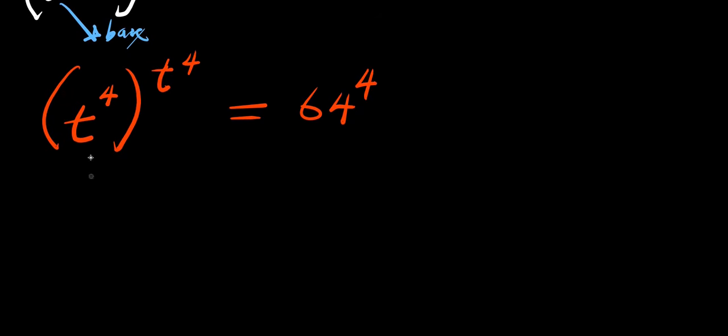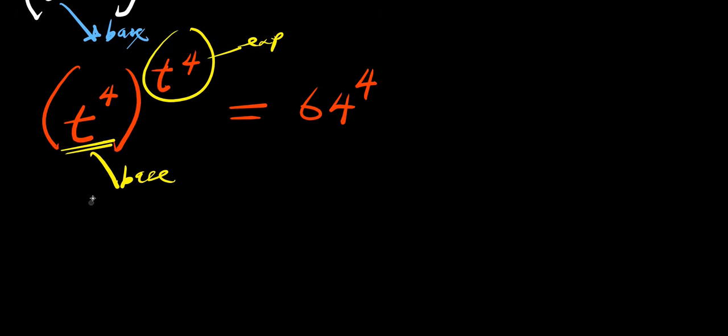So right now, the base and the exponent are the same. T power 4, we have t power 4 here. So what next we can do is to also ensure that the base here and the exponent here are the same. Here the base is 64, quite different from the exponent that is 4.